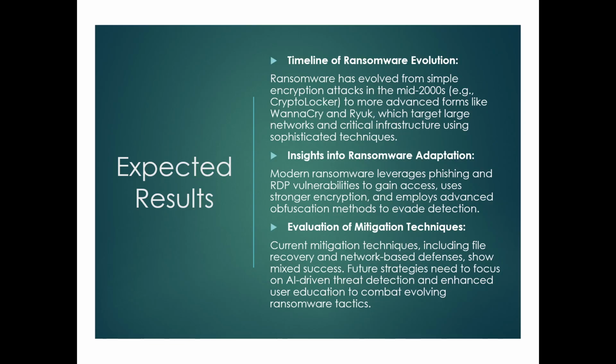They use stronger encryption and employ advanced obfuscation methods to evade detection. We evaluated mitigation techniques. File recovery and network-based defenses show mixed success, not really the best. Future strategies need to focus more on AI-driven threat detection. I believe, much like everyone else does, AI will definitely be the future.